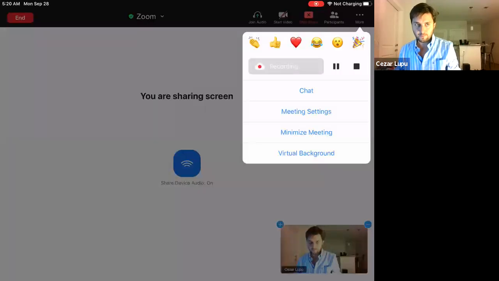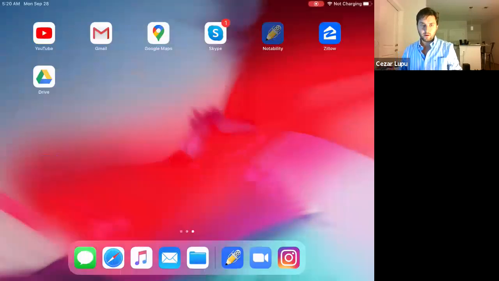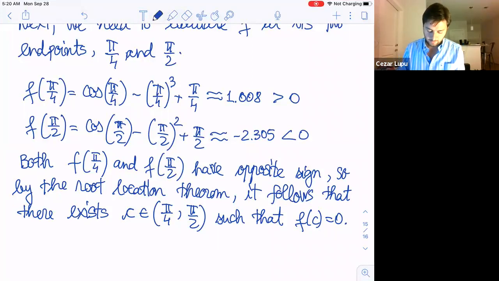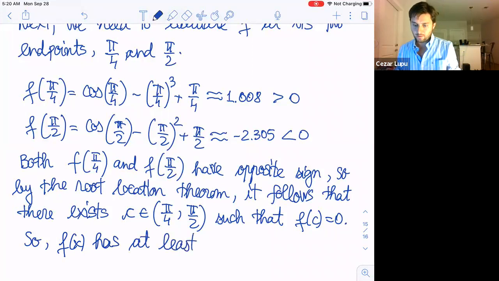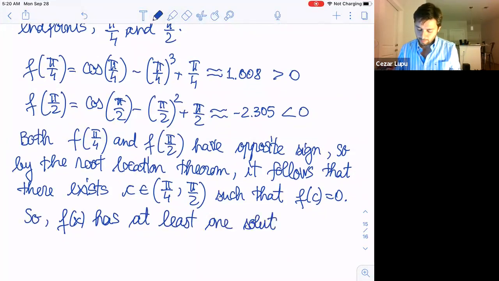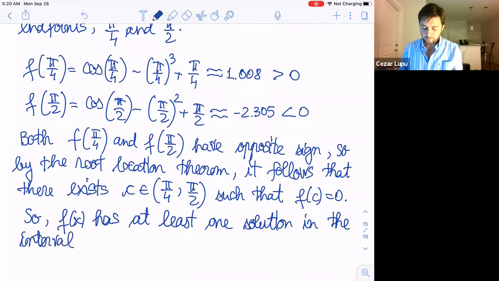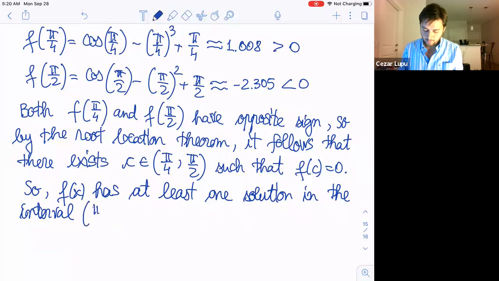So we said that, sorry about that. So this implies f of x has at least one solution in the interval pi over 4, pi over 2, right? All right, and that's it.